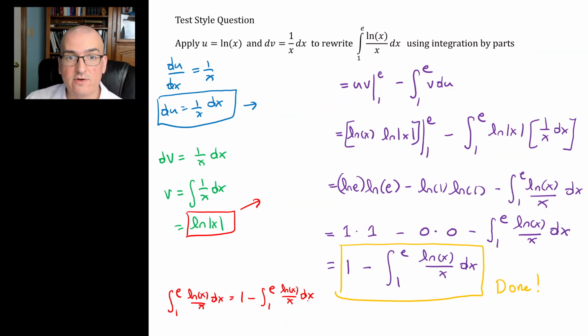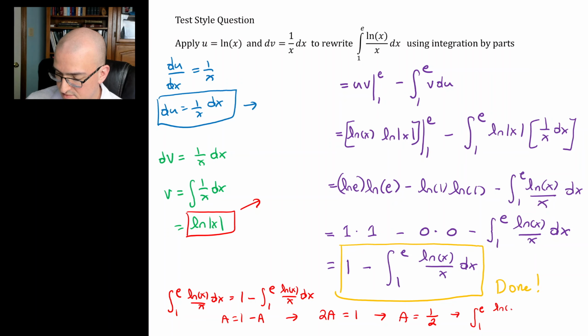Well, I'm going to add that integral to both sides. I'm just going to rearrange. So it's like I have a is equal to 1 minus a. So 2a is equal to 1, and that means a is equal to 1/2. So the integral from 1 to e of ln of x over x dx is 1/2.